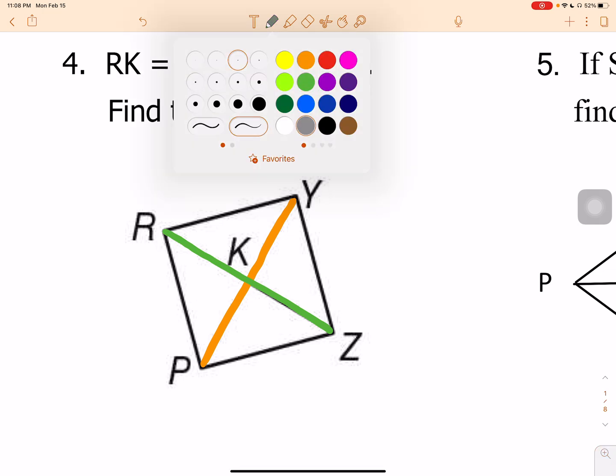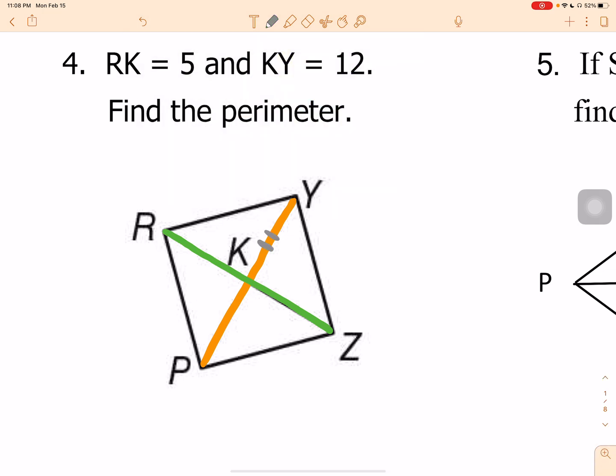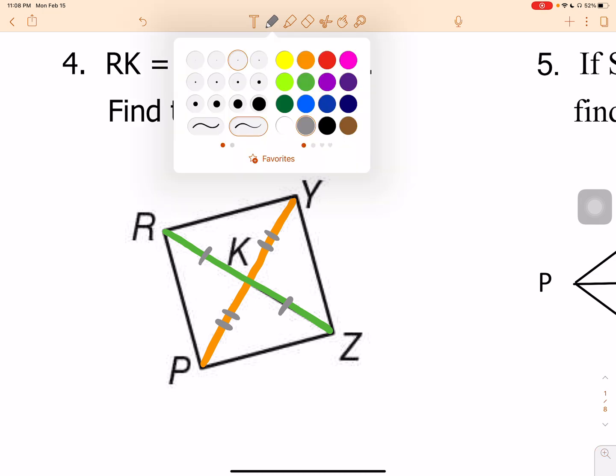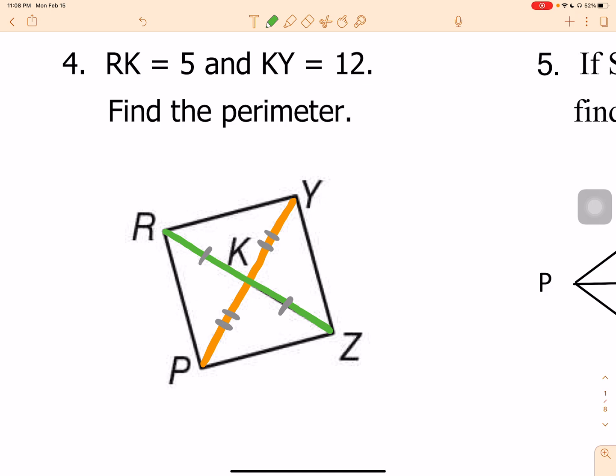We know that the diagonals bisect each other, so this half of the orange equals this half of the orange, and this half of the green equals that half of the green. All right? So they tell us that the segment RK, which is right here, is 5. And then KY is 12.